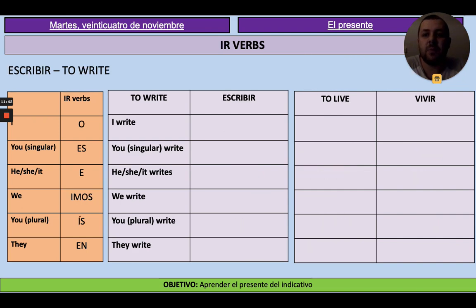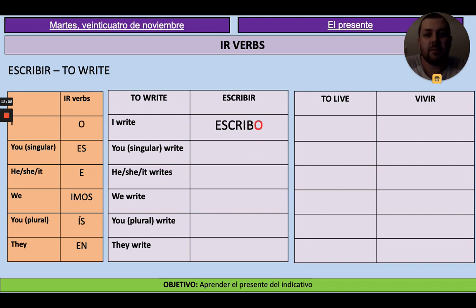Okay, so the example we've got now is escribir, which is to write. So we've got our infinitive, escribir, and we remove the infinitive ending. So we remove the IR, and we're left with escrib, which again doesn't mean anything, it's just the stem, and we need to add the endings onto the end of that. So I write is escribo.